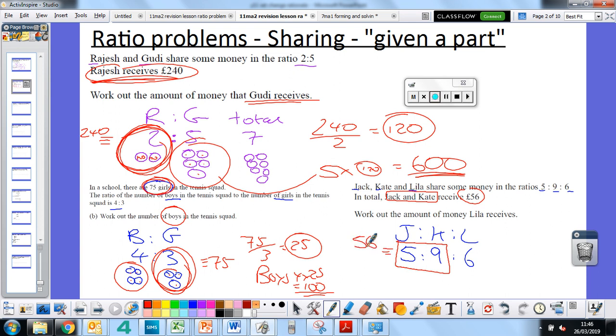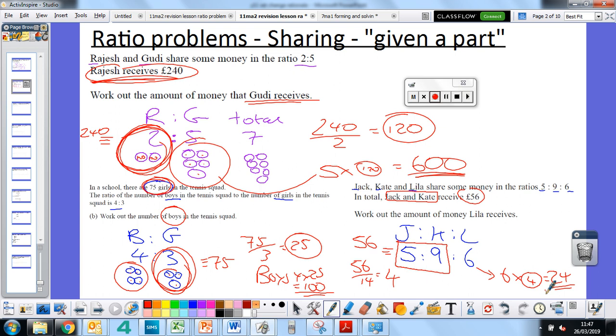Now the 5 parts and the 9 parts, that's 14 parts in total, isn't it? The 5 parts and the 9 parts. So we can do 56 divided by 14, which means each one of those parts is worth 4. To work out what Leela gets, 6 lots of whatever the part was, which is 4. That means Leela gets a total of 24.